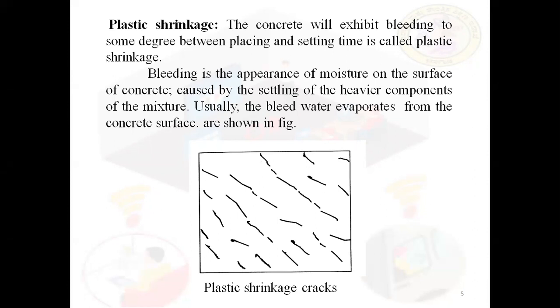Because of this, the bleed water will evaporate from the concrete surface. We can observe this in the figure. This is the concrete mass and this is the plastic shrinkage which develops after the bleeding water evaporates.